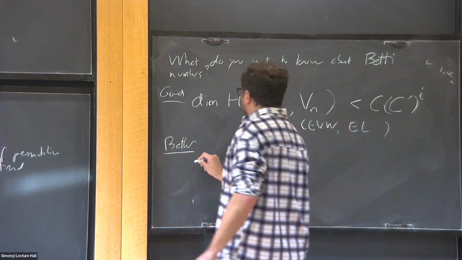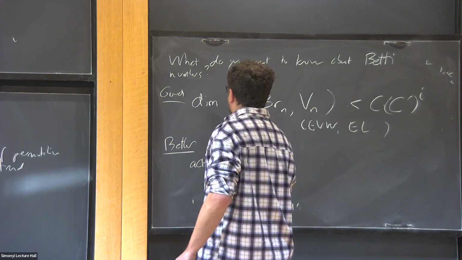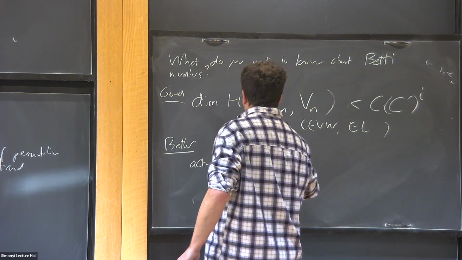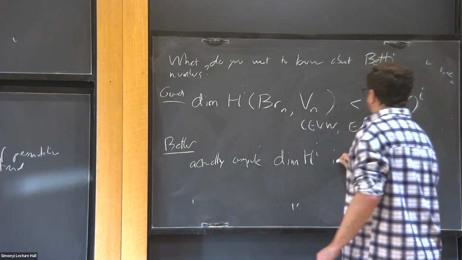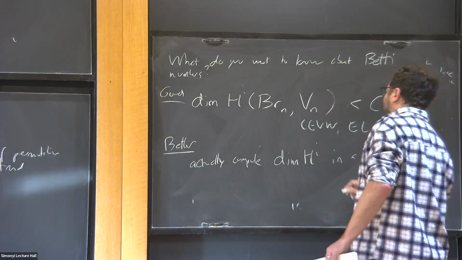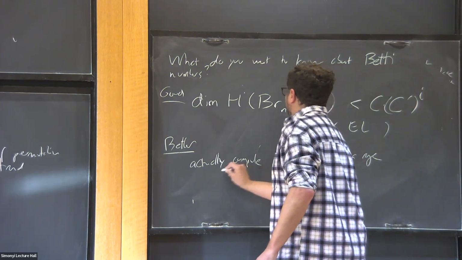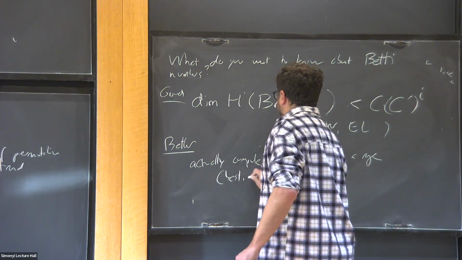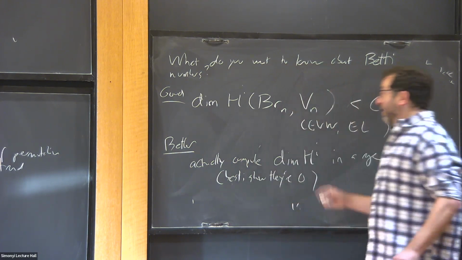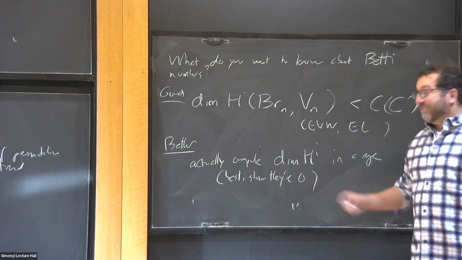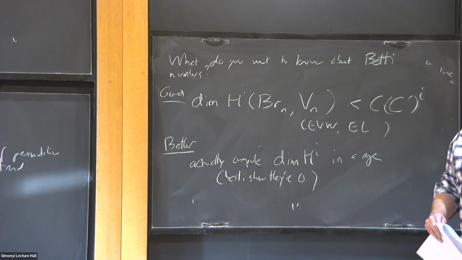So I'll just say it's better to actually compute these dimensions in a range, not just bound them. So best of all, show they're zero. If we could do that in the case of Selmer, we would actually get that Poonen-Rains was correct for a fixed q on the nose.